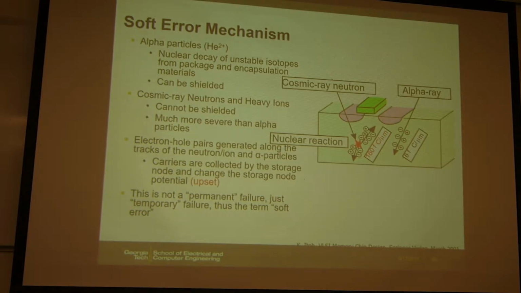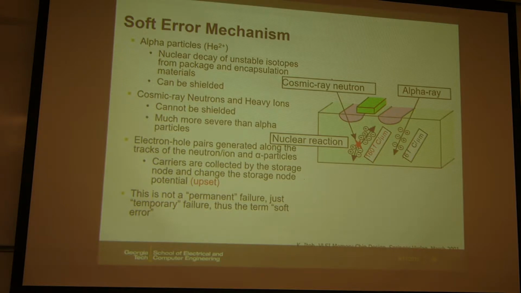Soft error is a problem where the data you stored on the memory cell will temporarily flip and become an error. But it's not a hard error. That means you can correct it.